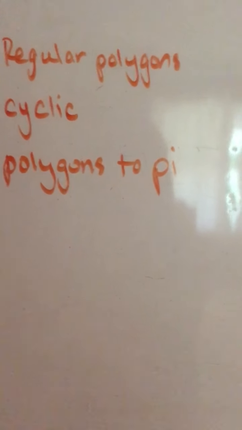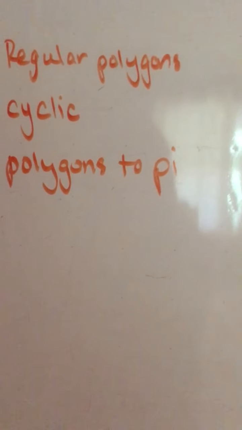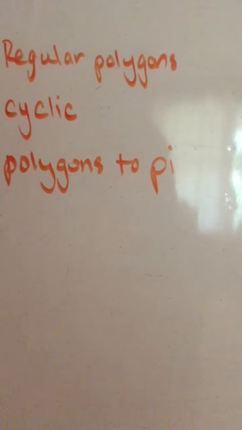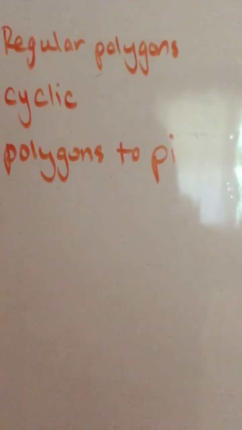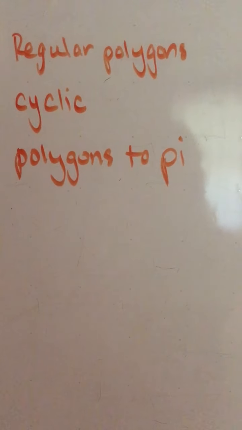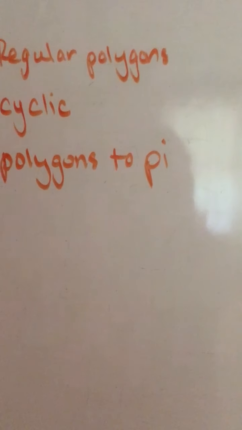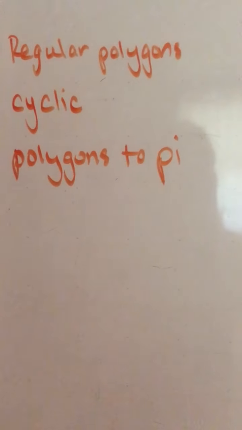Since they were able to calculate the area and perimeter of polygons, as we saw in the homework, they could then use that information to approximate, at least, what the area and circumference of a circle would be.